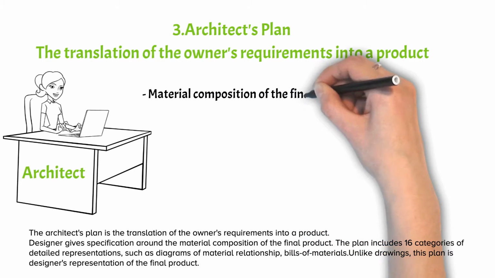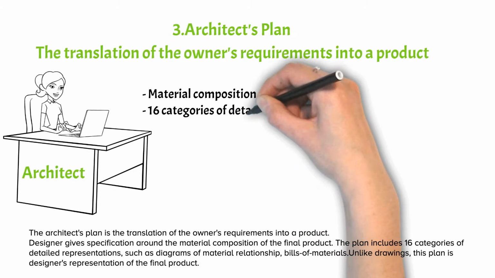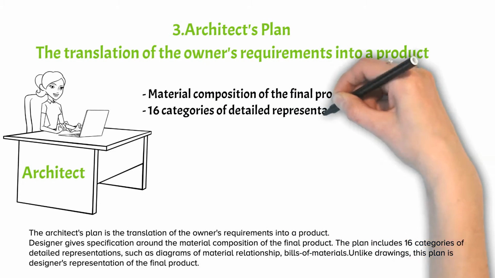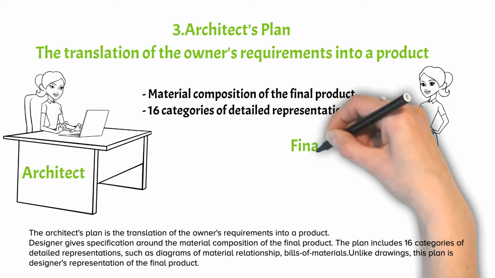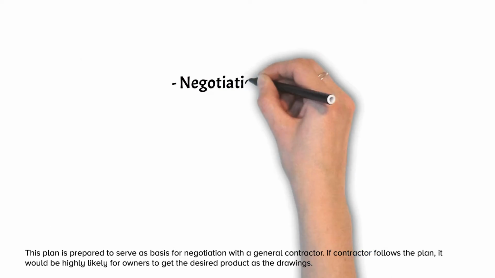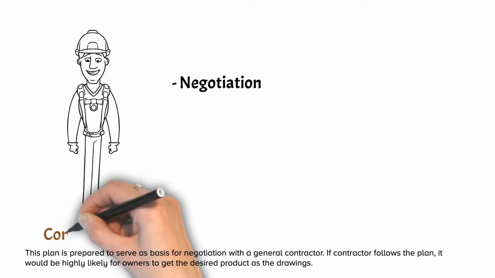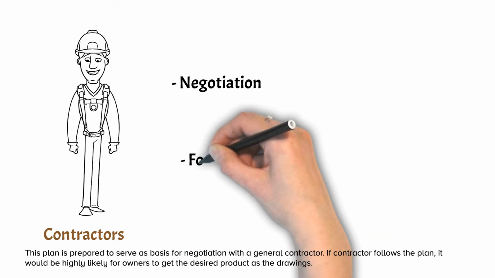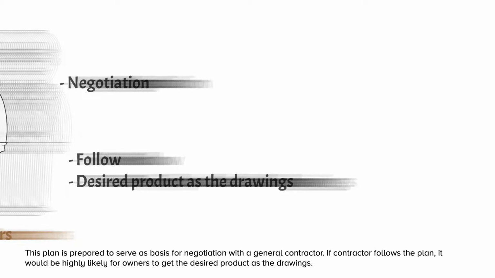The plan includes 16 categories of detailed representations, such as diagrams of material relationships and bills of materials. Unlike drawings, this plan is the designer's representation of the final product. This plan is prepared to serve as the basis for negotiation with a general contractor. If the contractor follows the plan, it is highly likely the owner will get the desired product as shown in the drawings.